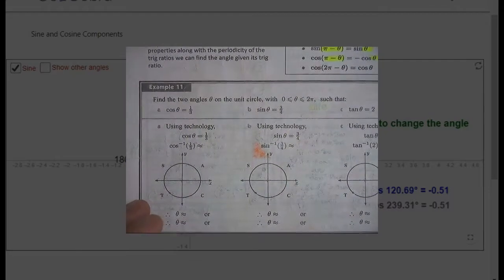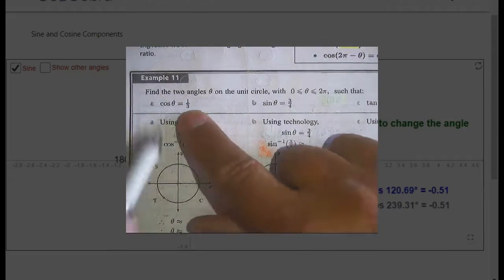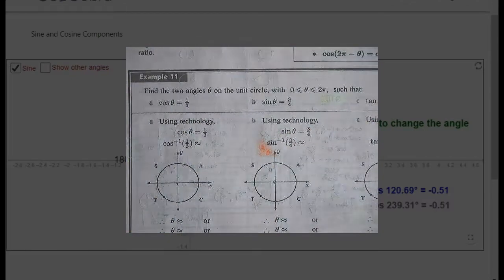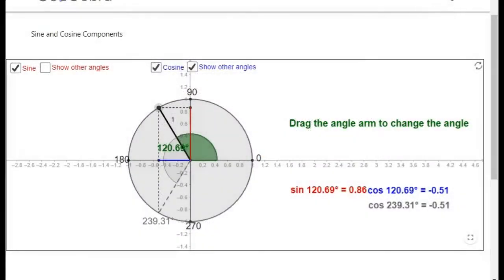All right, so the example that we're doing here says find two angles on the unit circle such that cosine is equal to 1/3. Now it's asking you for the actual angle. It's not asking you for what the sine and the cosine are. Okay, so let's open up that first applet that's got sine and cosine in it, and set cosine to 1/3.